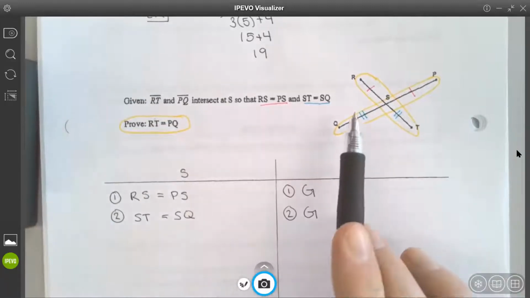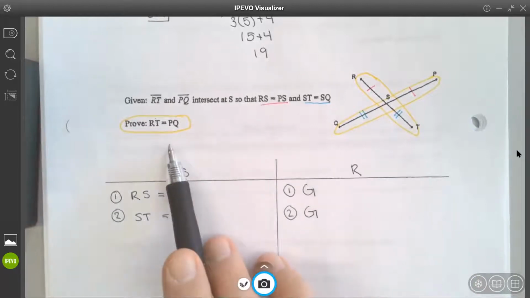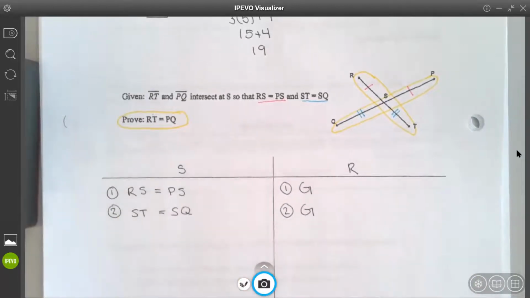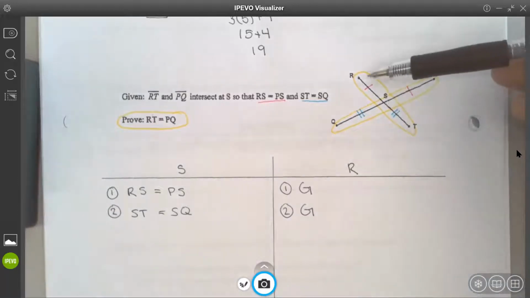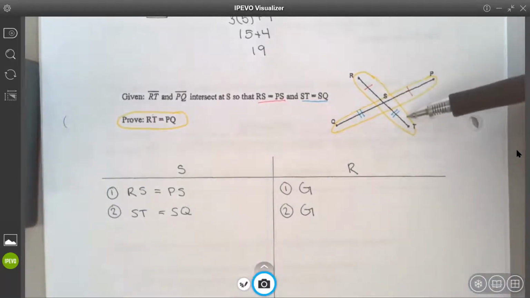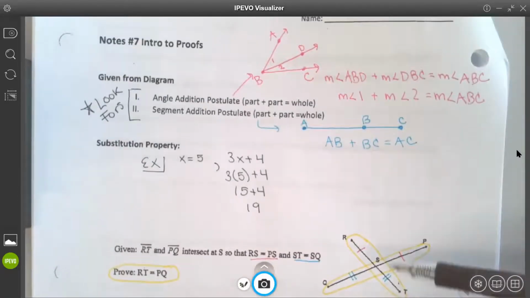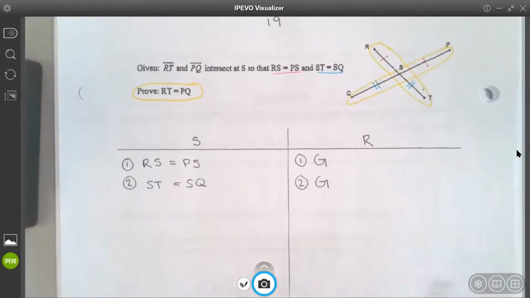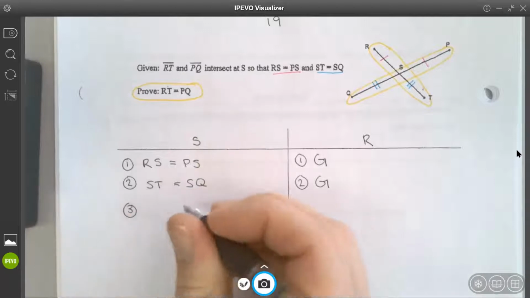Okay, so I have my givens. I know what I'm trying to prove. I have nothing else, so I go to look fors. What I see here is that I have this segment and it's broken into two parts. That's a look for. So I'm going to write some segment addition out.